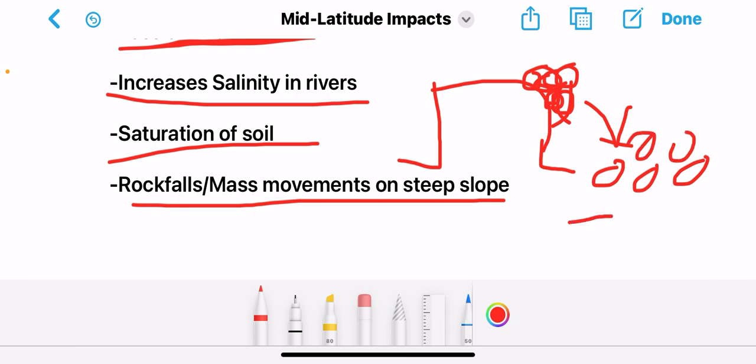And you find that there are animals living on the ground. Now when these stones begin to crash, when there is a rock fall or mass movements on steep slopes, it begins to endanger the animals or the life that is down slope.